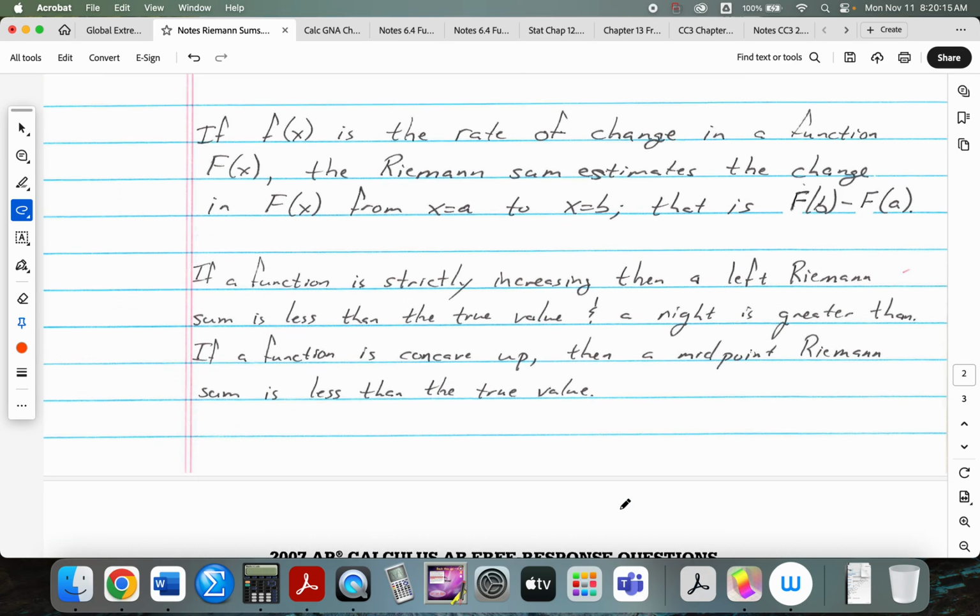So we talked about this briefly, but if a function is strictly increasing, then a left Riemann sum is less than the true value. So if you have a function that's strictly increasing, say something that looks like this, when you do your Riemann sum, it doesn't matter how many subintervals you divide it into. I'm just going to divide it into 2.